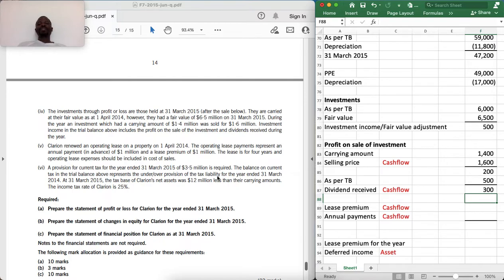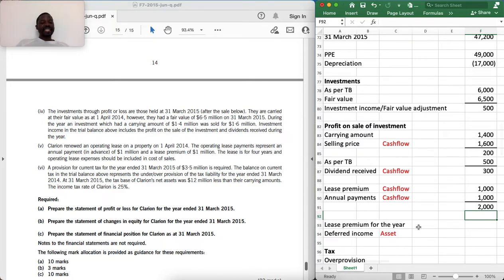The lease premium should not be recognized in a single year. The lease premium should be amortized over the lease term. So the lease term is 4 years. So now we'll simply say 1,000, that was the lease premium, and 1,000, that was the annual payment. We get the 2 million that we have there, but the lease premium should not be recognized in a single year.